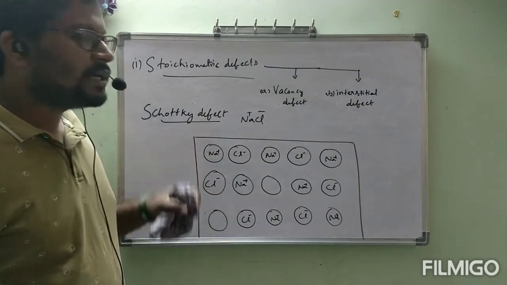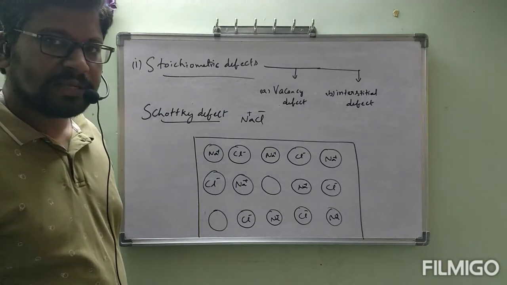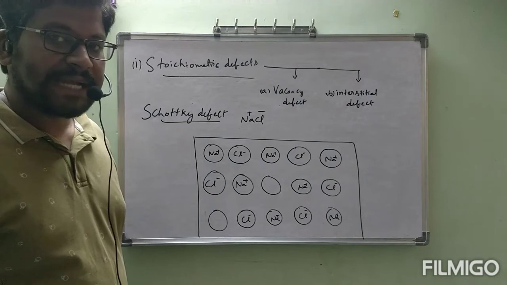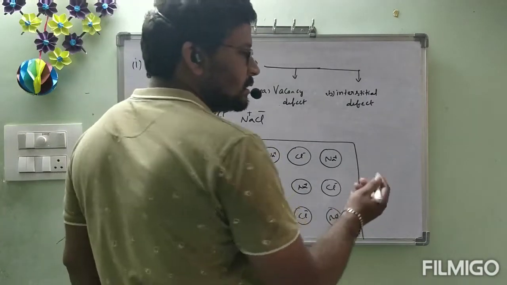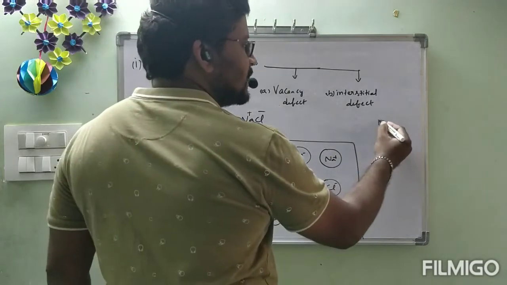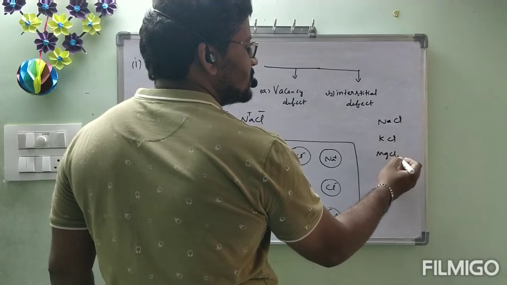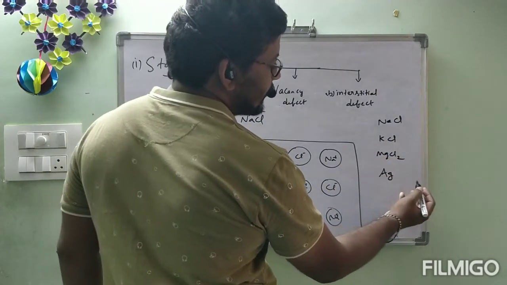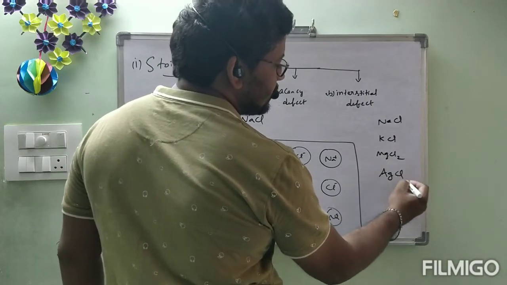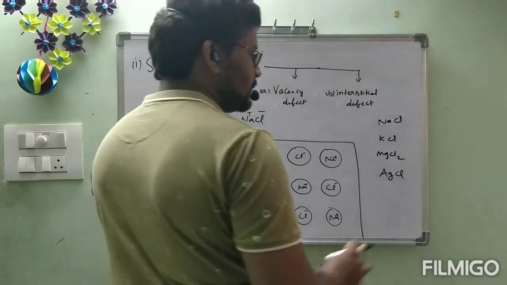So the Schottky defect is observed in compounds where cation size must be bigger. Then we can easily remember S block element cations: NaCl, KCl, MgCl2, AgCl, AgBr, I think.